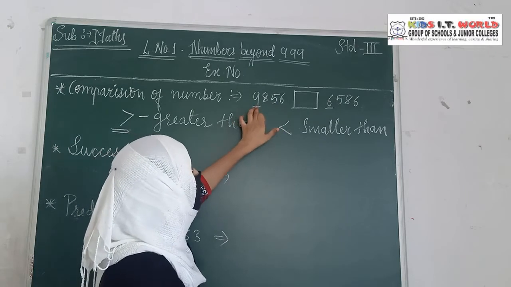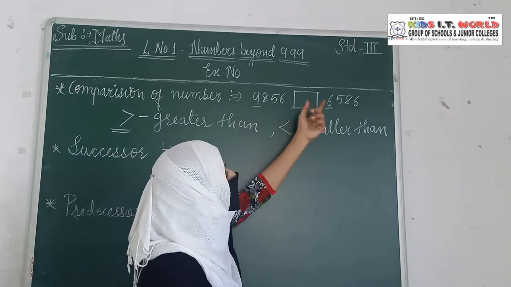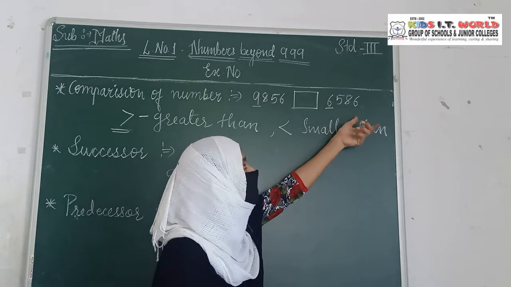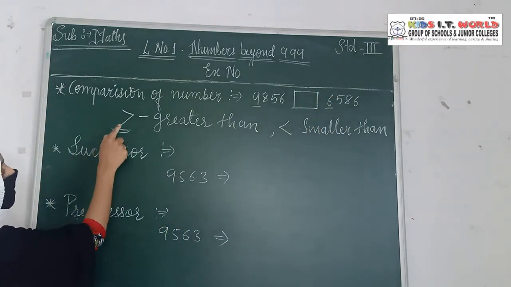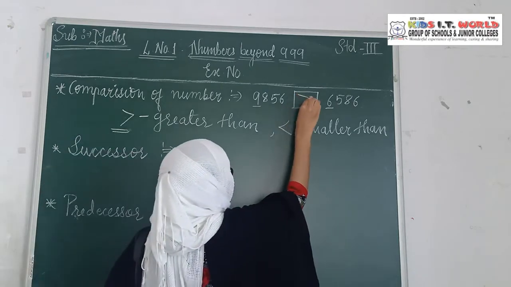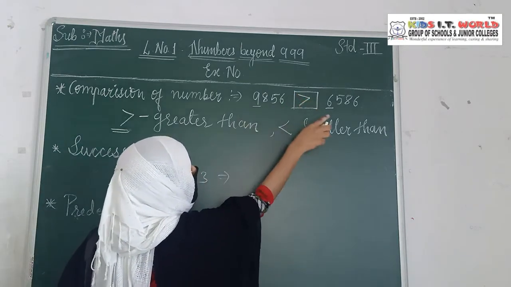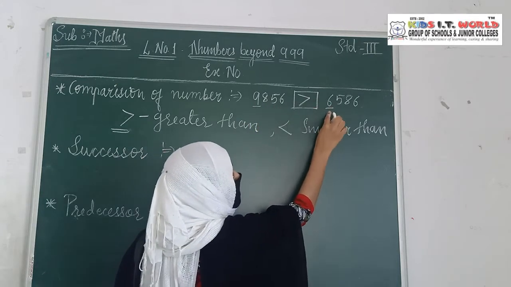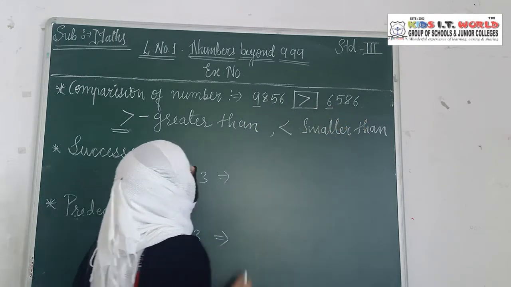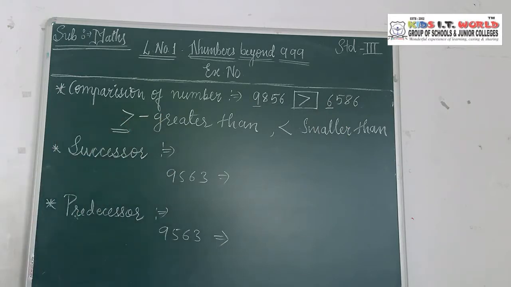So here 9856 is greater than 6586. So which symbol will come in this box? Which symbol is of greater than? This one. So you will read it: 9856 is greater than 6586. In this way you have to compare the numbers.